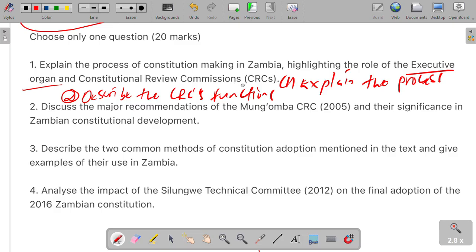So you explain that the process starts with the executive organ initiating a CRC. Then you're going to explain or describe the CRC function of public views and making recommendation. So you describe the CRC function in gathering public views.